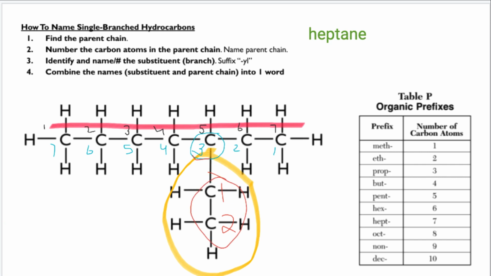So I am going to name my substituent chain ethyl, eth because of 2, yl is the suffix that gets added, and I'm going to put a 3 at the beginning because they are coming out of carbon 3.